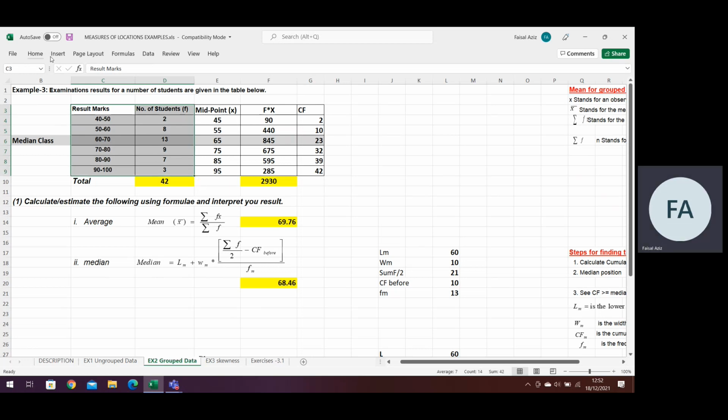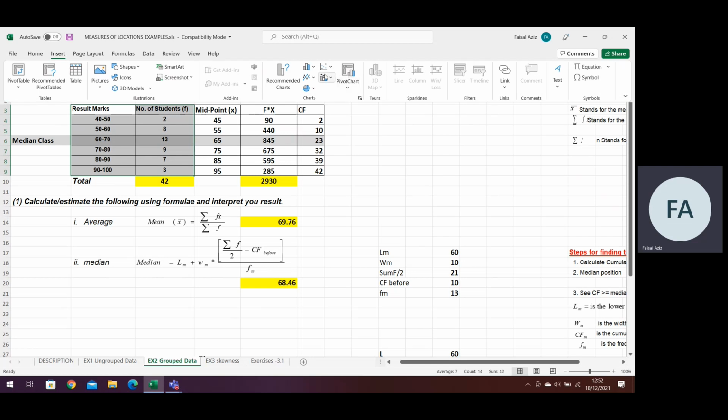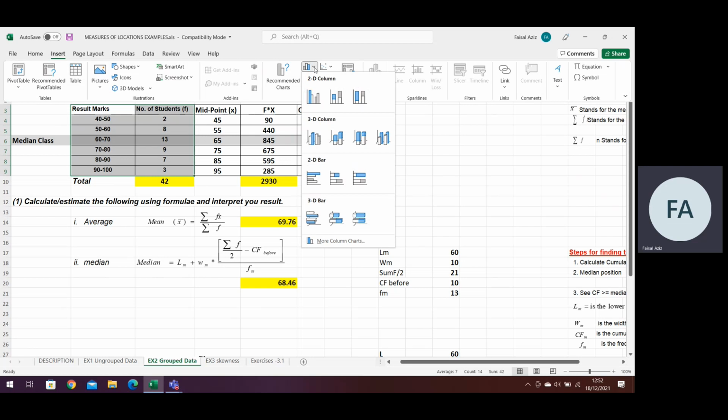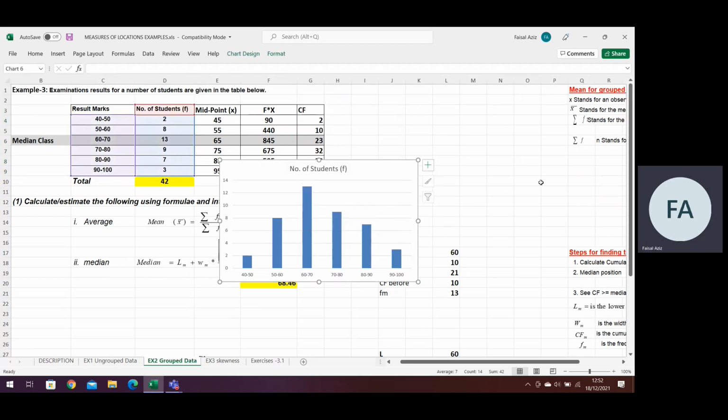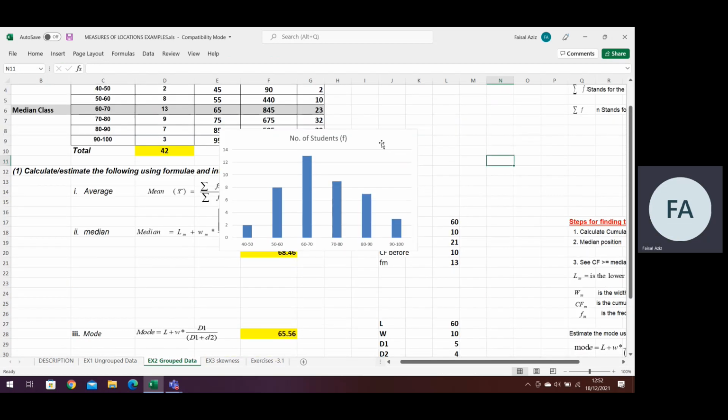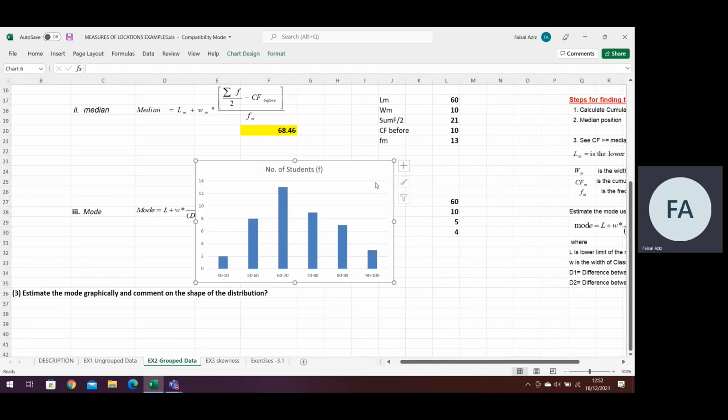Once you select them, just go to insert, and there you'll see the bar charts, column or bar chart. Click over here and select the first one. So it will come like this. Now I'm just going to drag this graph to its place.